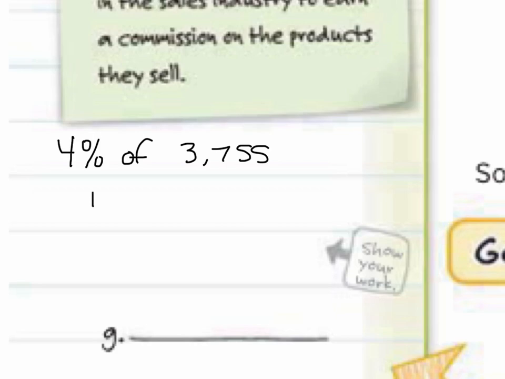Let's take 4% as a decimal. Well, right now, our decimal point's right here. We need to move it back to the left 1, 2 spots. Now, I don't have anything right here, so I do need to put the 0 in as the placeholder so that 4% is 0.04.